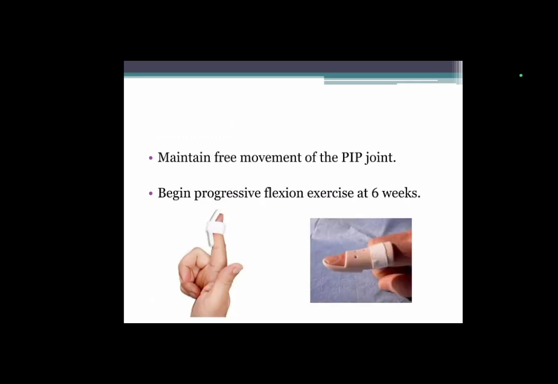The hallmark clinical sign is the inability to actively flex the distal interphalangeal joint. Diagnosis is confirmed through clinical examination and imaging studies. Most cases require surgical repair followed by a structured rehabilitation program. Early diagnosis and treatment are crucial to restore finger function, maintain grip strength, and prevent long-term complications.